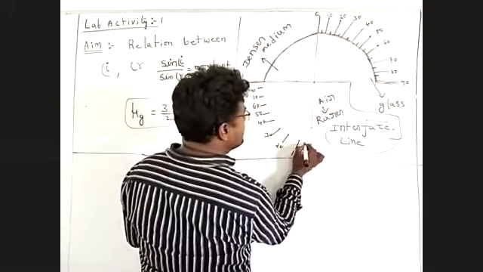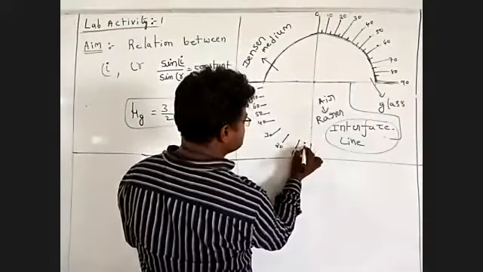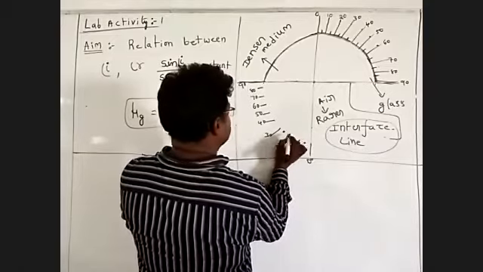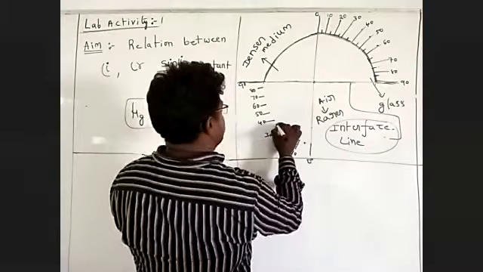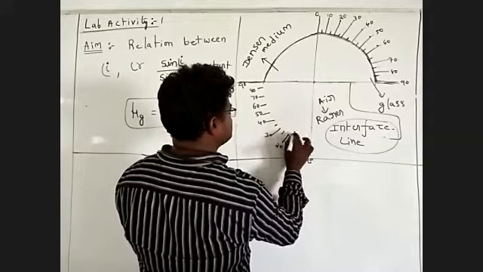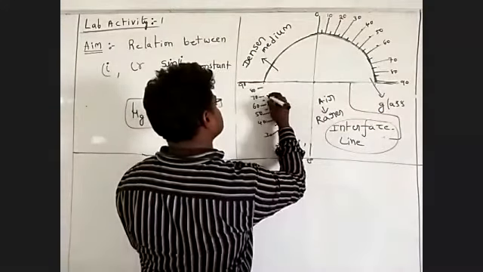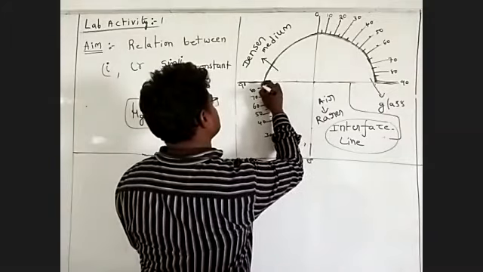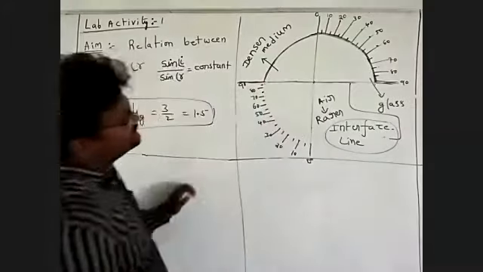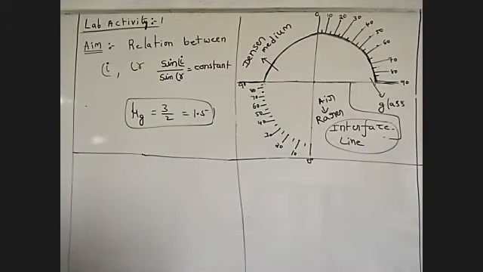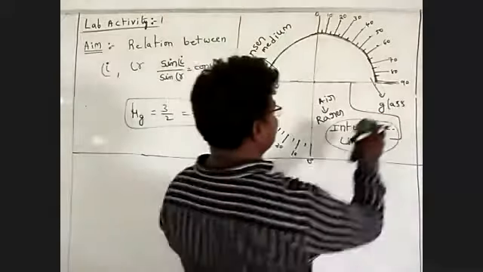These angles are also 5 degrees, 15, 20, and we are taking small angles. I'm taking it like this. Now you will see. We know very well this is glass.